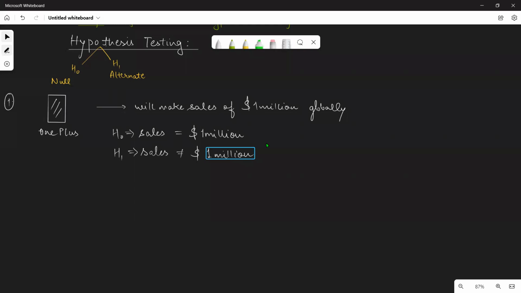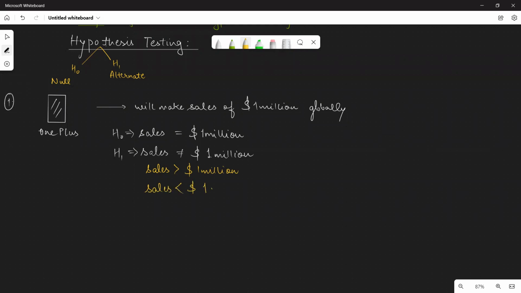Now, if we dive deep into this, what do we observe? Here I am saying that sales is not equal to 1 million, isn't it? When I say sales is not equal to 1 million, there are two conditions which can develop. Sales can be greater than $1 million, isn't it?